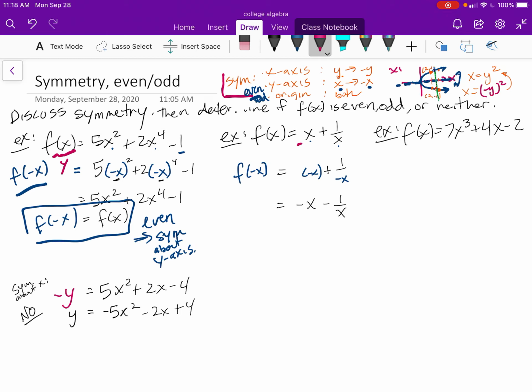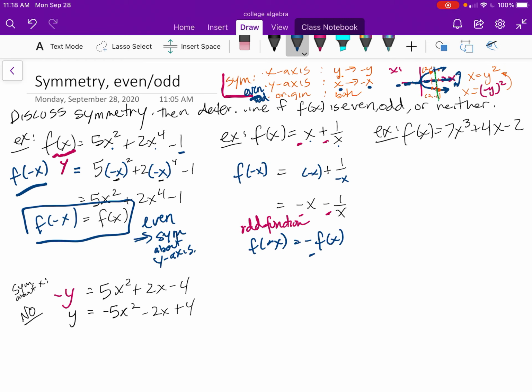This was positive, now it's negative. This was positive, now it's negative. This is an odd function. That means that I plug in -x and I get the opposite of what I started with. Okay, I get a negative f of x. All the signs changed. That's what that means.